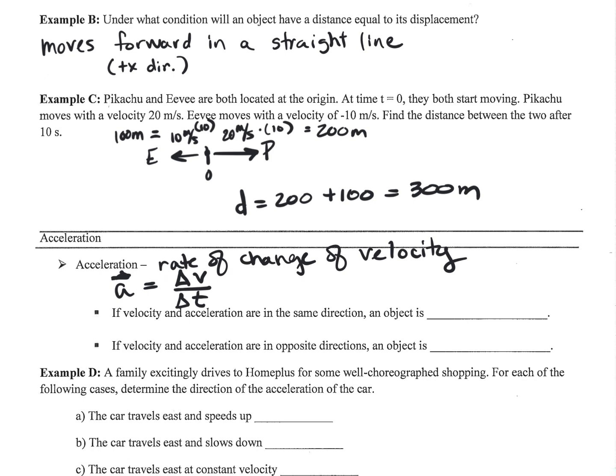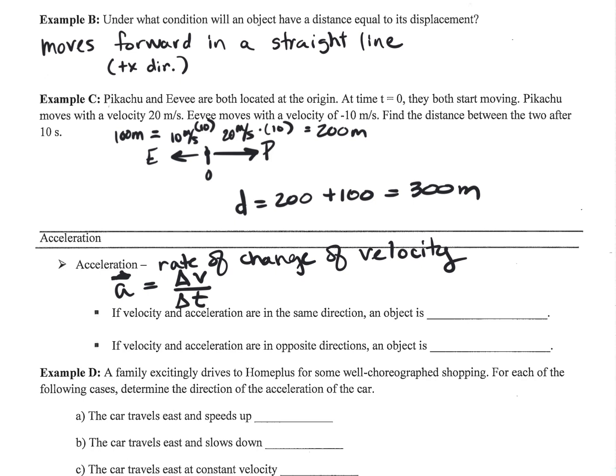So if I'm going forward, but my acceleration is backwards, my car is slowing down. But it's the same way if I'm going backwards and I hit the brakes, it's still slowing down, isn't it? So as long as these are opposites, it's slowing down. If they're the same, I am speeding up.